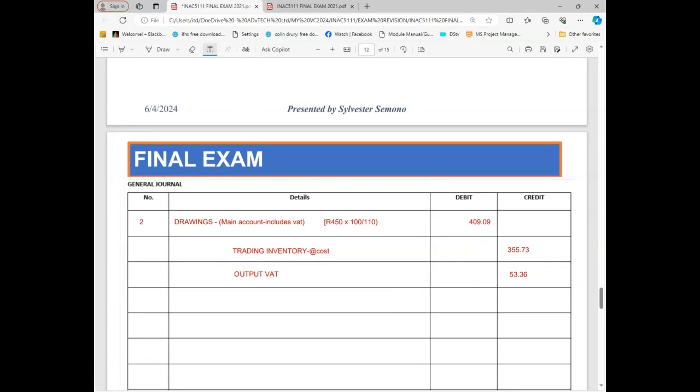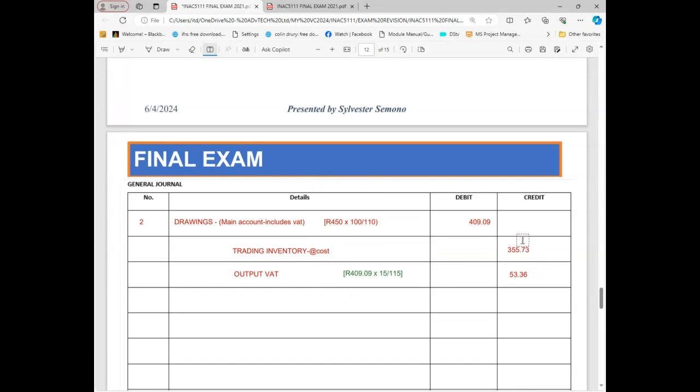This is what we did. So to show you how we found our VAT, remember, it's from the previous page when I was showing you there. So this is where we found our VAT. Can you see now? This is how we found the VAT.